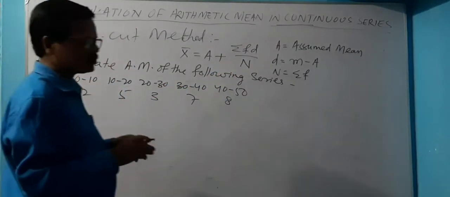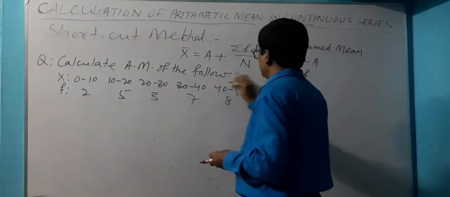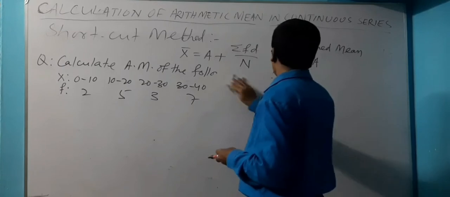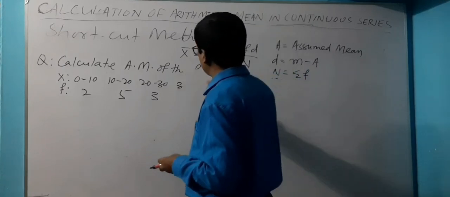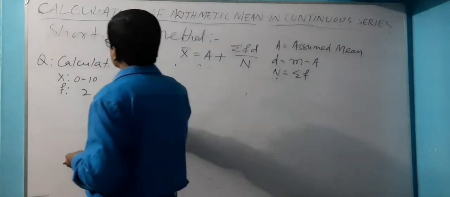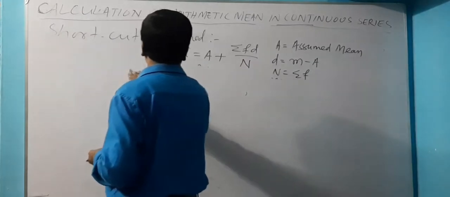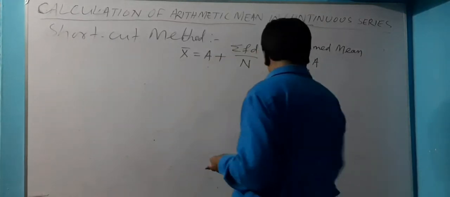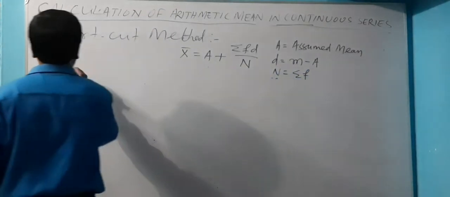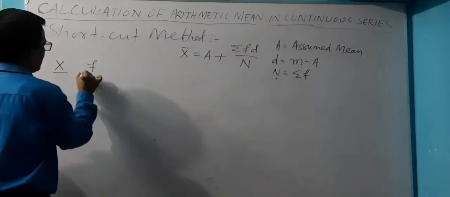So arrange this question in tabular form now. Write X values in the first column, F values in the second column. Then find out the midpoints.